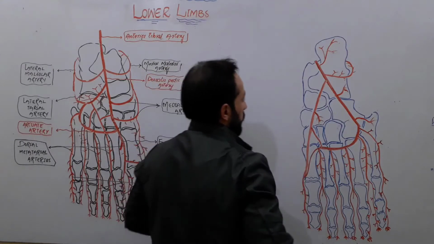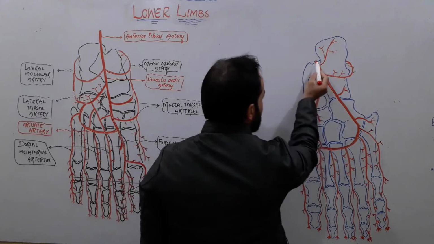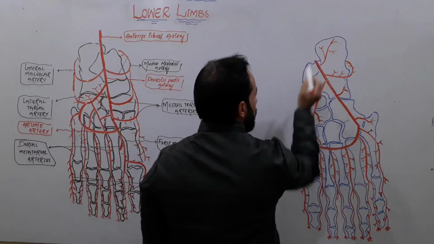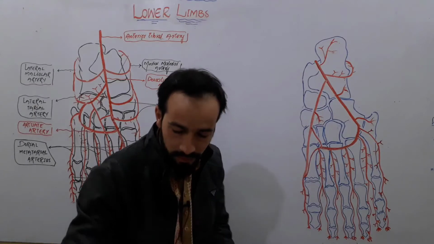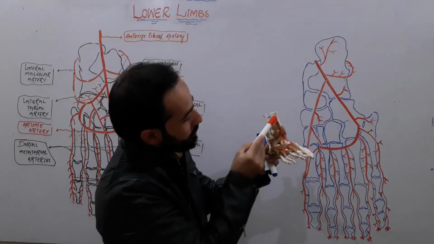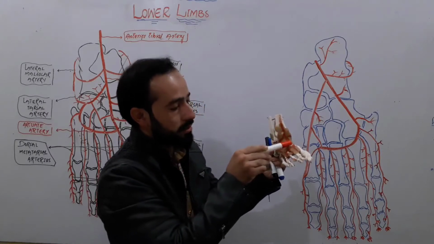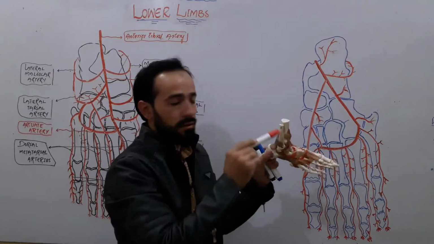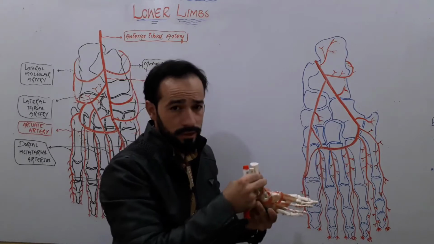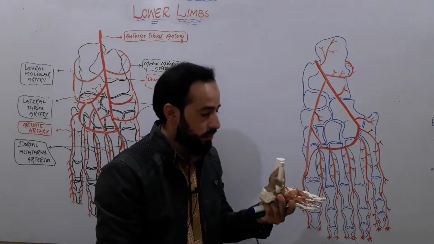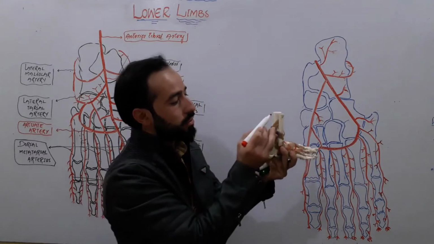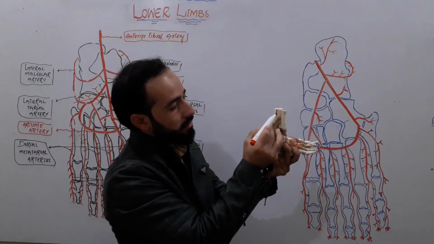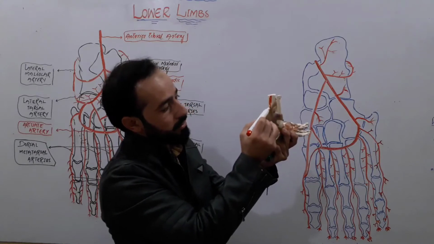Okay, so first of all, my dear friends, there is the posterior tibial artery. In the previous lecture I told you about the anterior tibial artery, and the anterior tibial artery, the posterior tibial artery and the fibular artery have been discussed in big detail. You can watch those lectures also. So here is our posterior tibial artery.